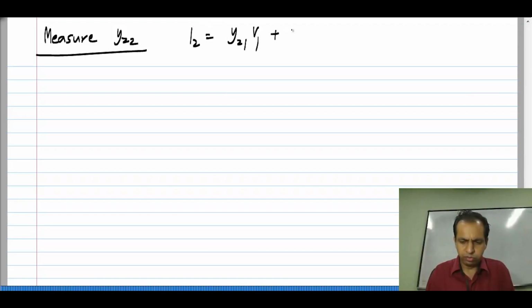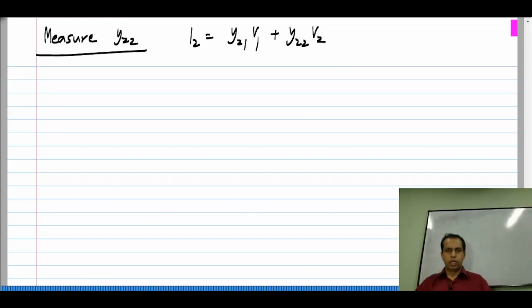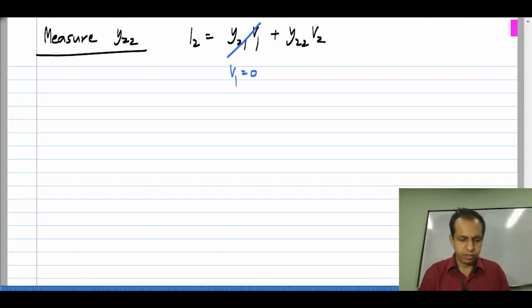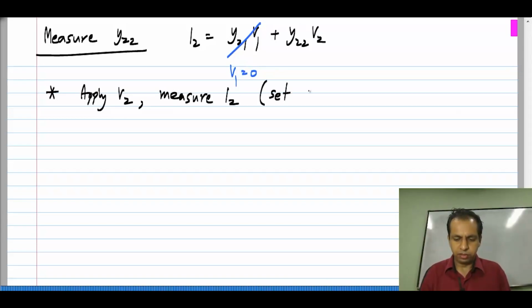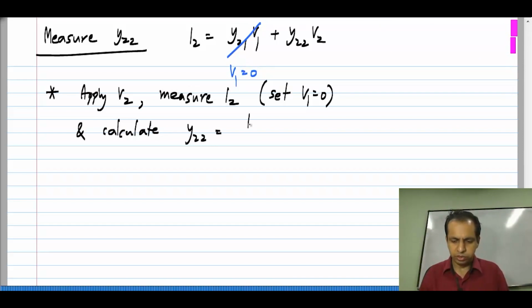And finally, to measure Y22, I2 is Y21 V1 plus Y22 V2, and to measure Y22, we set V1 equal to 0, so that term goes away, and we apply V2, measure I2 after setting V1 to 0 and calculate Y22 as the ratio of I2 by V2 with V1 being 0.